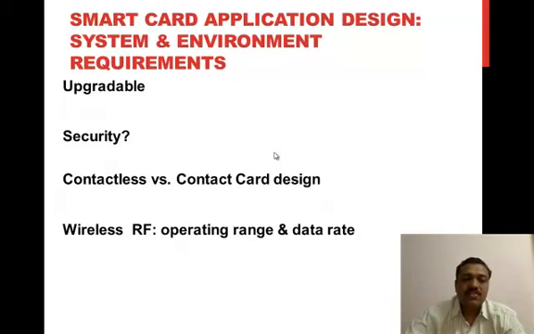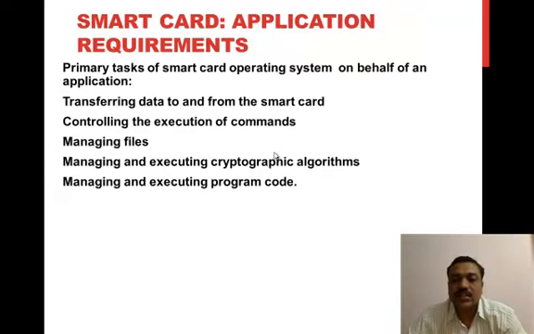When contactless cards are used, the wireless radio frequency range is very important while designing the overall system, because of the operating range and data rate. So what are the different application requirements while designing a smart card?